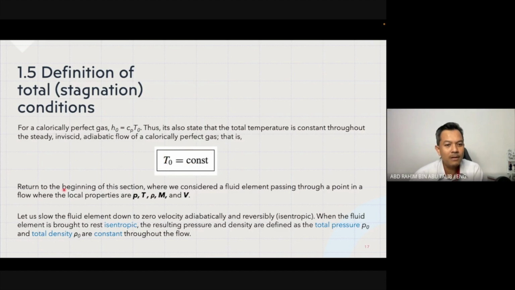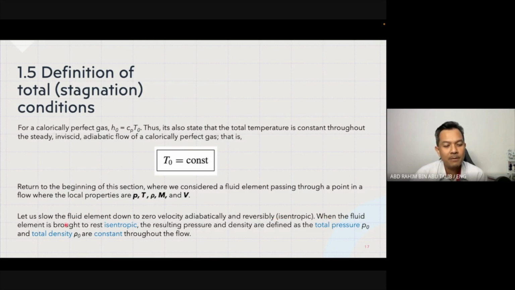And return to the beginning of this section, where we considered a fluid element passing through a point, from point 1 to point 0, in a flow where the local properties are P, T, rho, M, and V, the velocity. Let us slow the fluid element down to zero velocity adiabatically and reversibly, in terms of isentropic.